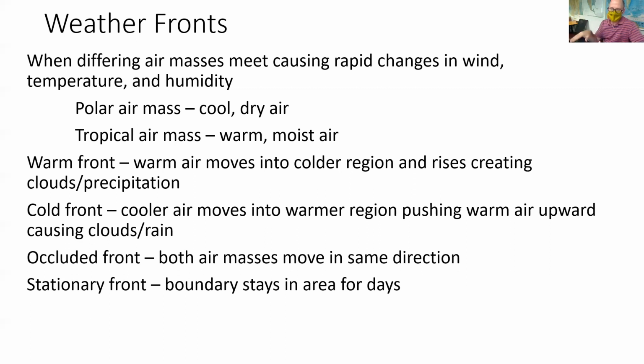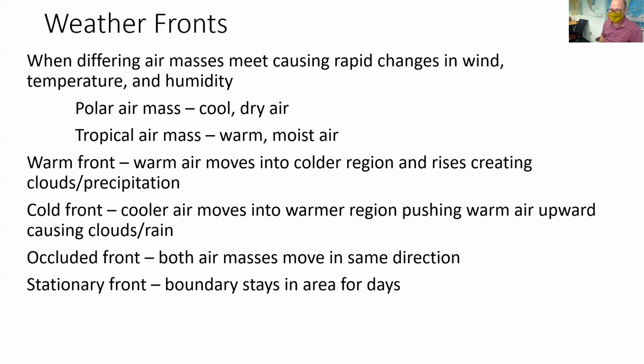So the warm air moves into a colder region, and it would tend to rise because it's less dense, so it's going to float on top of the colder air, thus creating cooler air and most likely condensation, clouds, and precipitation.